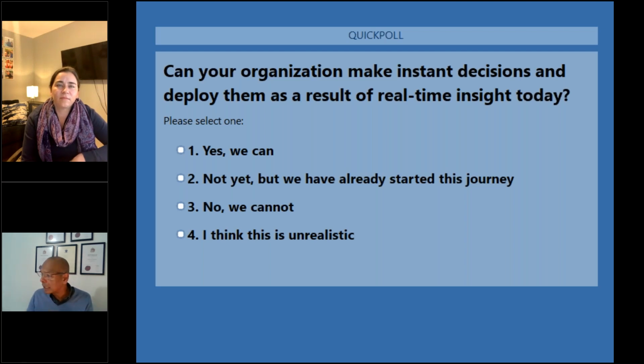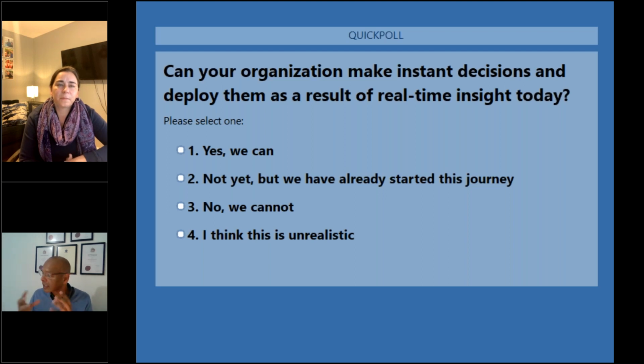Answer one is yes, we can. Answer two, no, not yet, but we are working on this journey. Answer three, no, we cannot at all. And the fourth one is, I think it's just unrealistic for us to be able to get there.